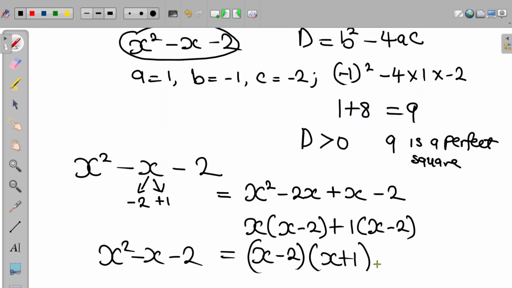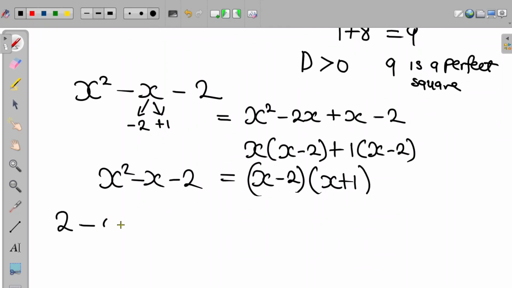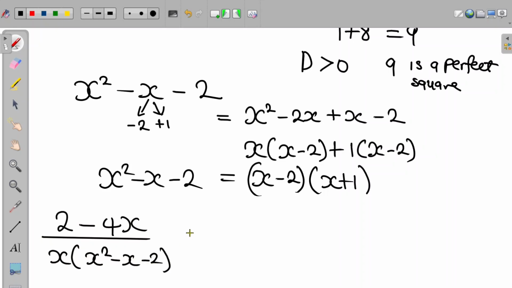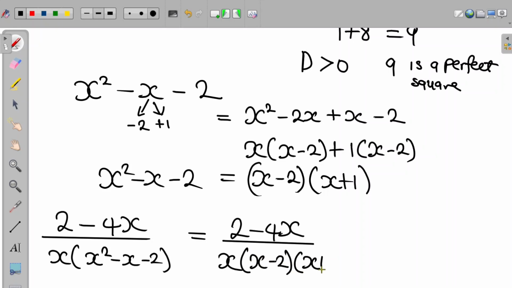Now our compound fraction (2 minus 4x) divided by x multiplied by (x squared minus x minus 2) becomes (2 minus 4x) divided by x multiplied by (x minus 2) multiplied by (x plus 1). Now you can observe that we have reduced the denominator to a product of three linear factors.